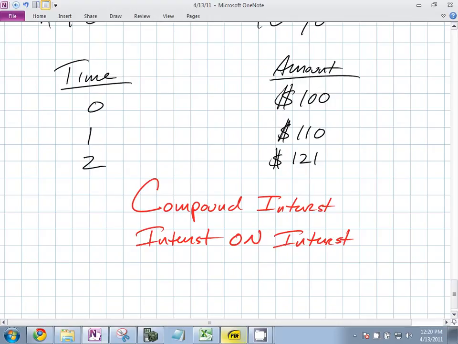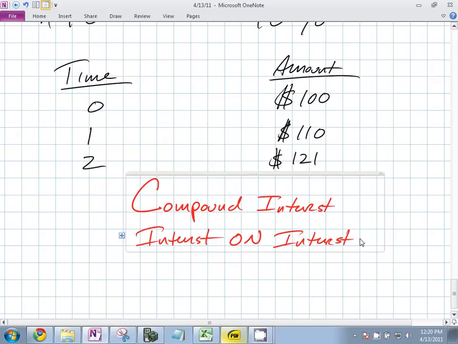Or if you're using compound interest, where does that $10 go? Instead of taking it out of the account, it grows inside the account. So you're earning interest on the interest. At the end of the year, you earn $10 in interest, and it gets put into the account.